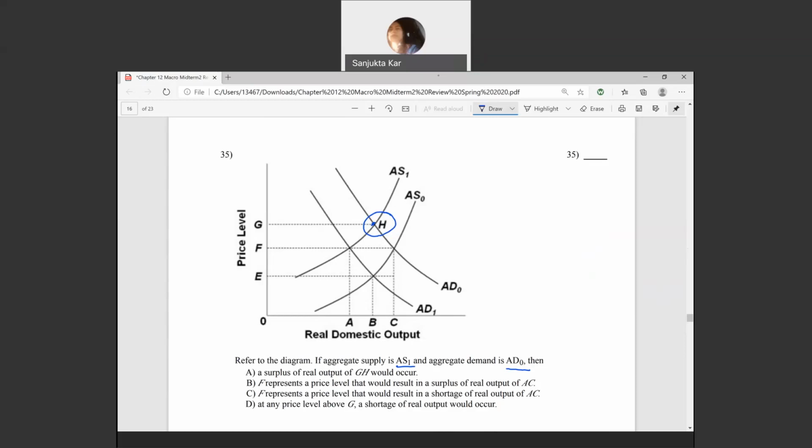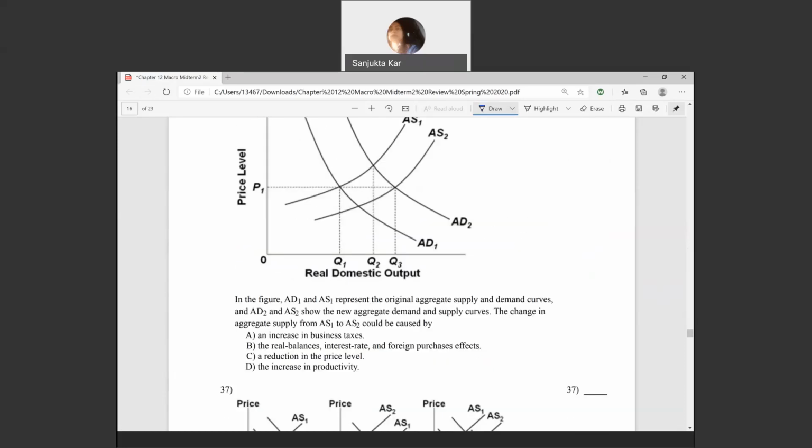Okay, so my answer choice will be this one, C, where it says F represents a price level that would result in a shortage of AC. Because for 35 here, my aggregate supply curve is this, and my aggregate demand curve is this. Okay, so my price is going to be H, and basically this is my shortage here, which is AC.